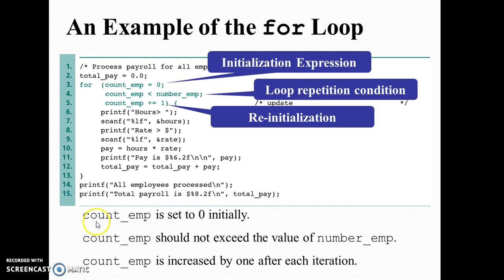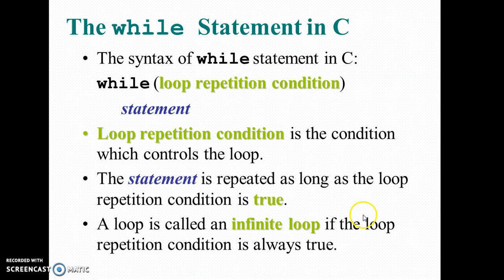Count employee is initially set to 0, and then the condition specified in the second part is that count employee should not exceed the number of employees. Then count employee is increased by 1 after each iteration. So initialization, loop repetition, and reinitialization.